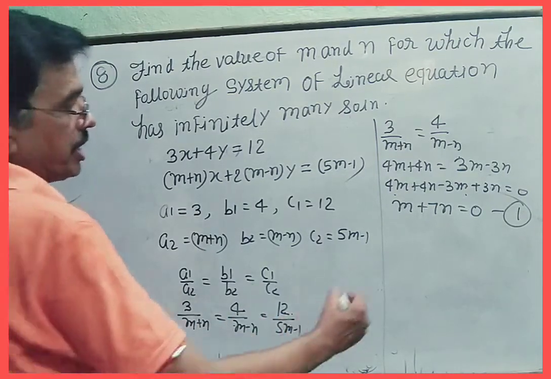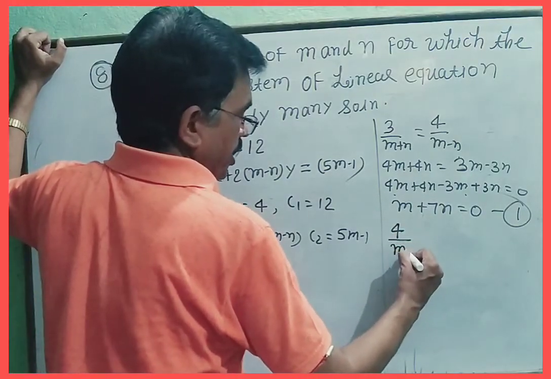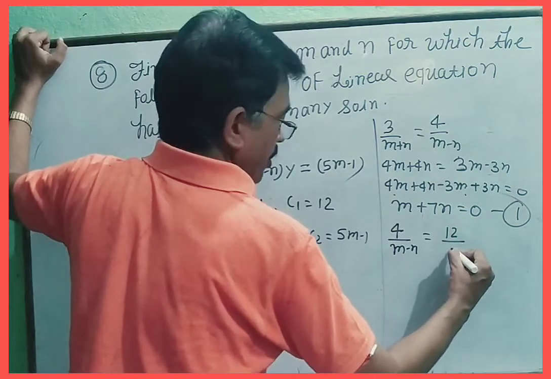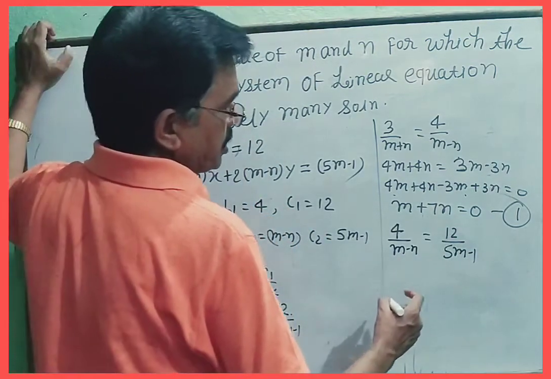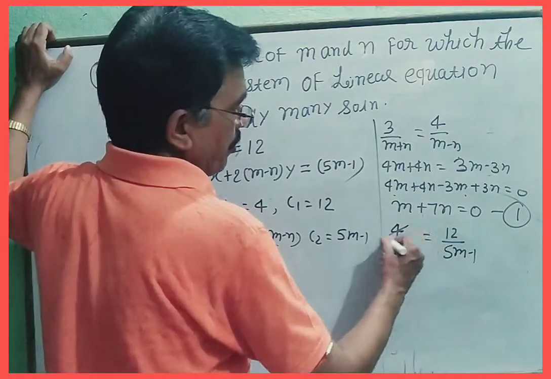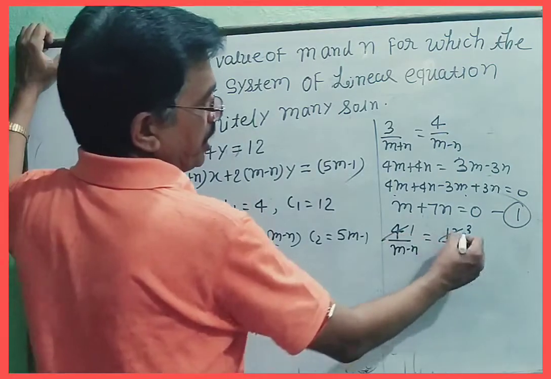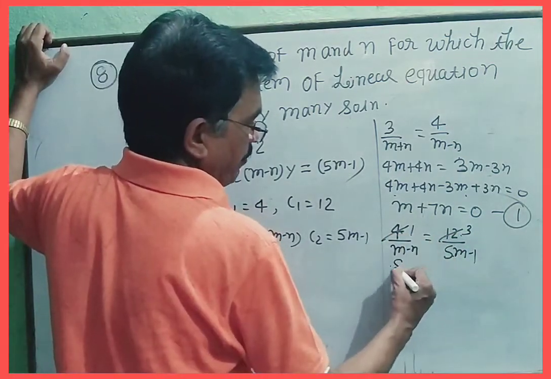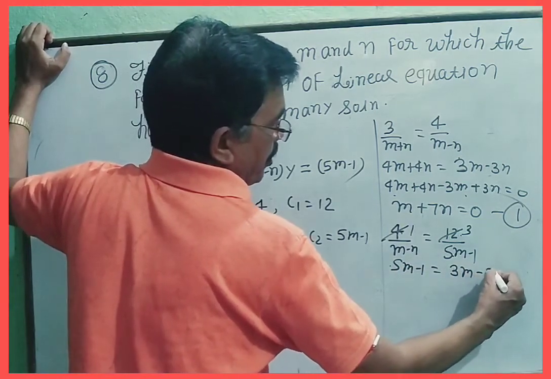So the next two: 4 by m minus n is equal to 12 by 5m minus 1. Cross multiplication. So first you cancel, 4 threes are 12, so the calculation is easy. Then 5m minus 1 is equal to 3m minus 3n.